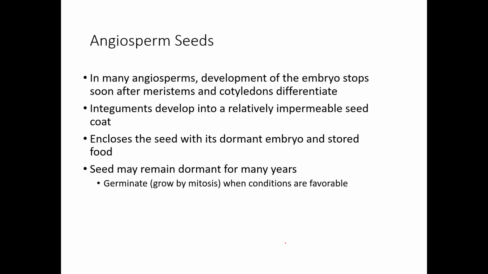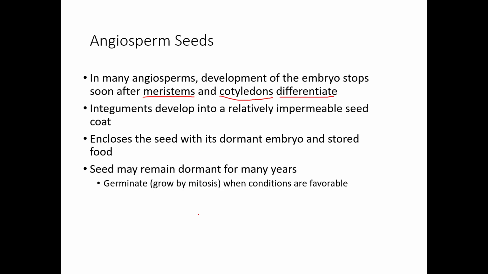All right, so the advantage of seeds, and this is true in the gymnosperms as well, because they also have seeds: the development of the embryo stops. It goes kind of dormant after what we call the meristems and the cotyledons differentiate. Meristems are the tips of the roots and the tips of the new shoots, stems.